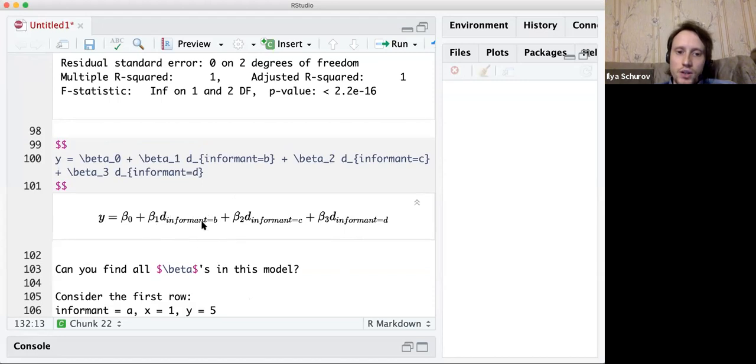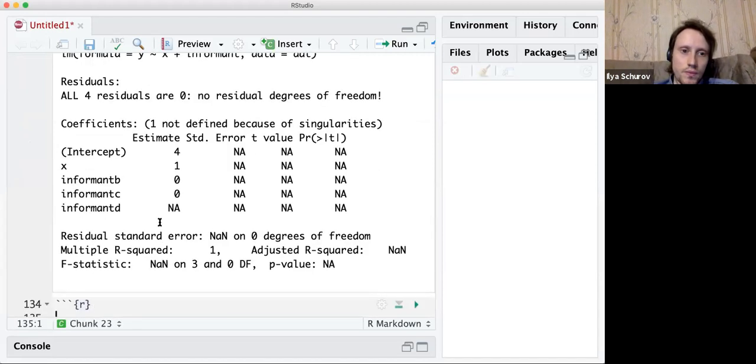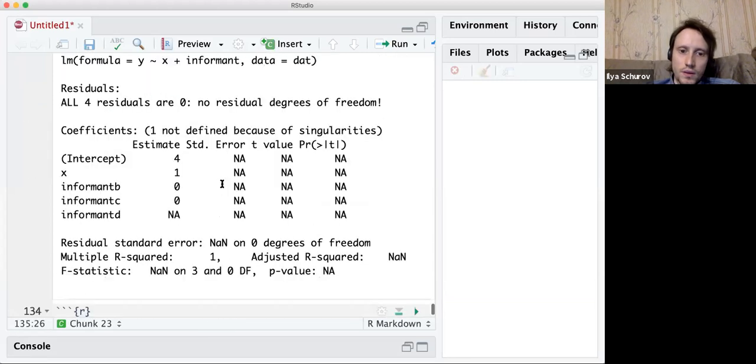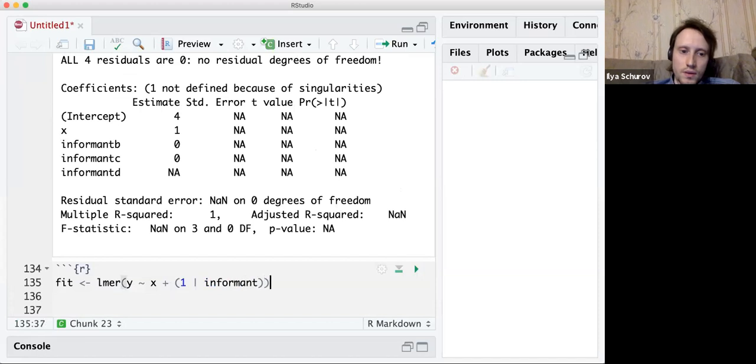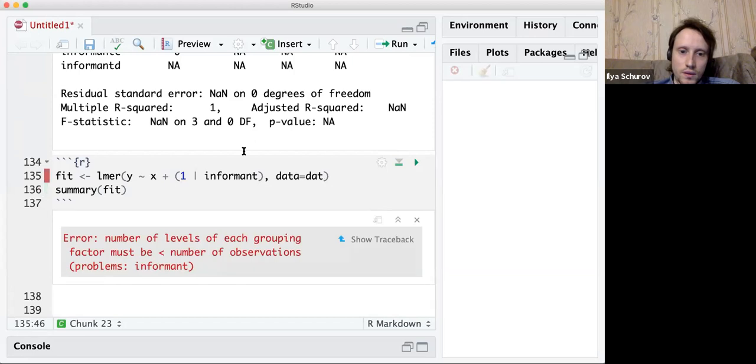But if we add the same variable as a random effect, we will get a different result. Let me try it. Okay, no, it just doesn't want to do it.